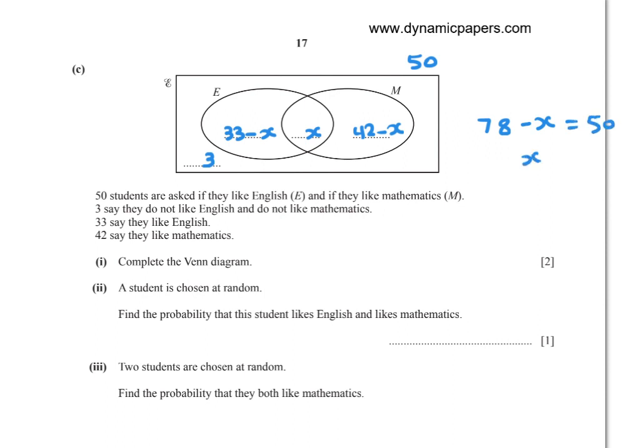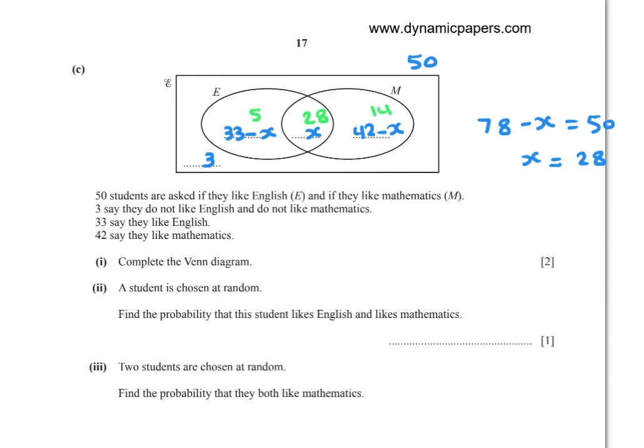So we can deduce that X equals 78 minus 50, which is 28. X equals 28. So if X equals 28, this number is 28, and this number is 33 minus 28, which is 5, and this number will be 42 minus X, which is 42 minus 28 equals 14.